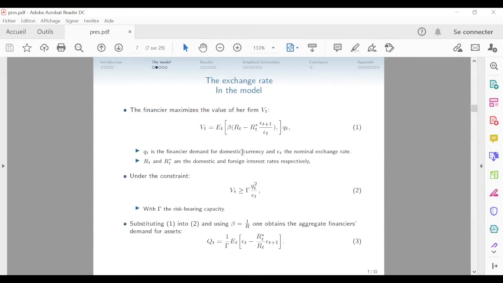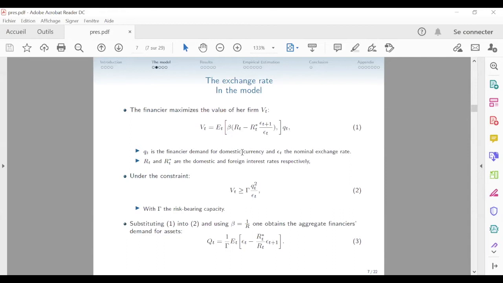So the financier maximizes this function under constraint 2, where gamma is really important because this is the risk-bearing capacity. A higher gamma means a higher risk, so with a higher risk, the value of the firm of the financier needs to be higher.